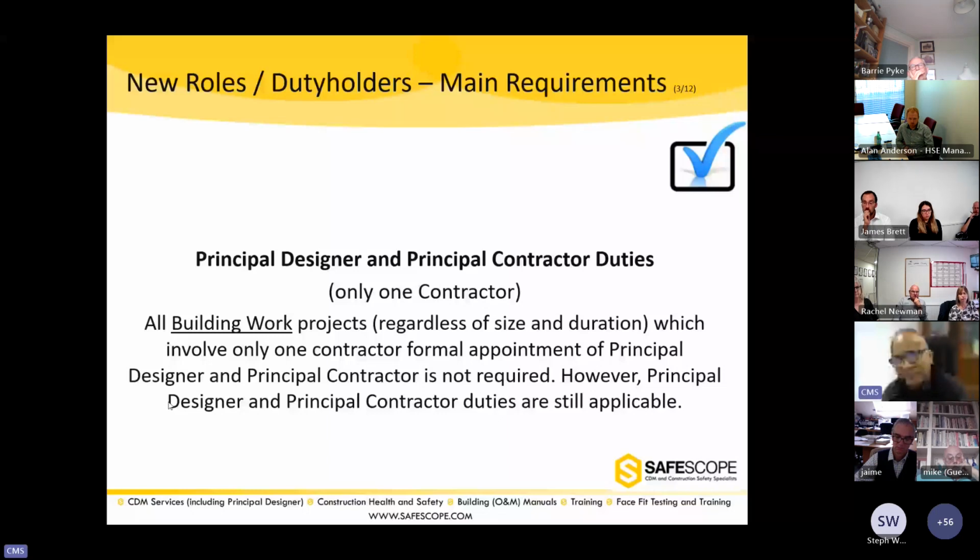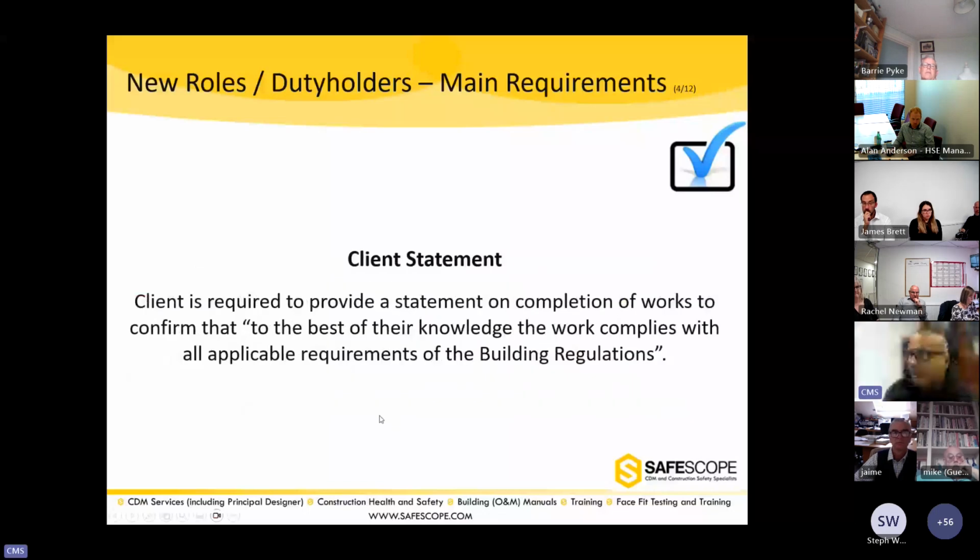However, and that's a very interesting however, because that is a change compared to CDM regulations. However, principal designer and principal contractor duties still apply. Even if it's one contractor, the duties still apply, and I'll explain in detail. Now that's where it gets scary.